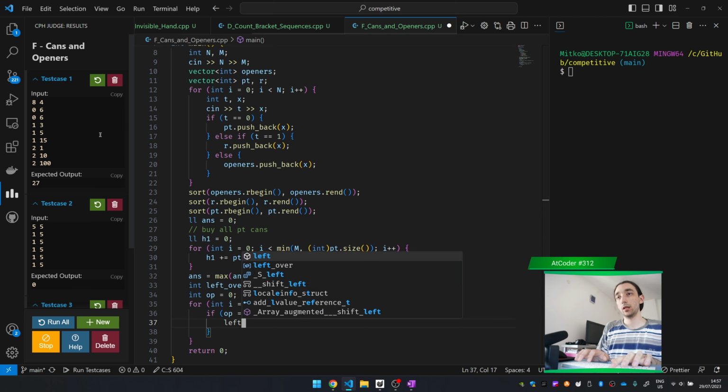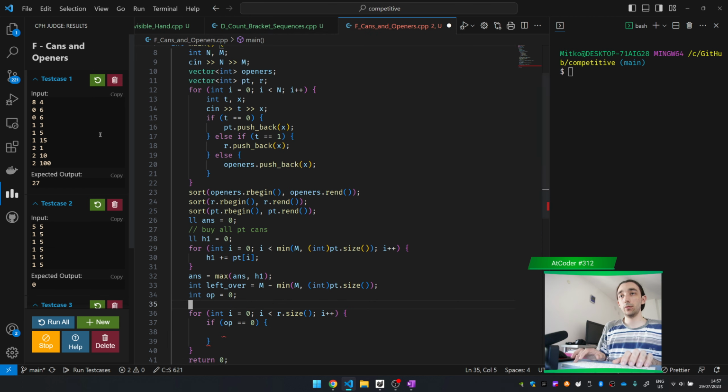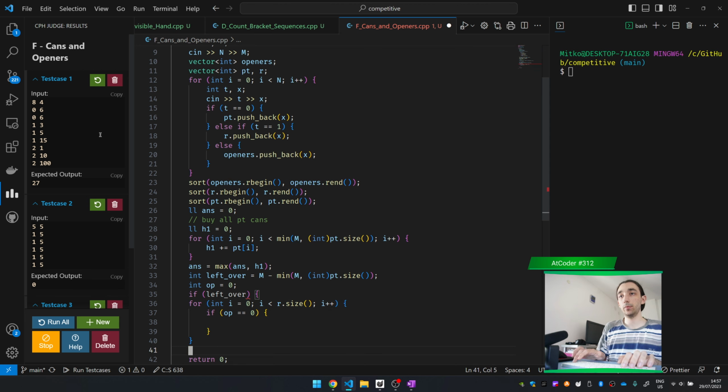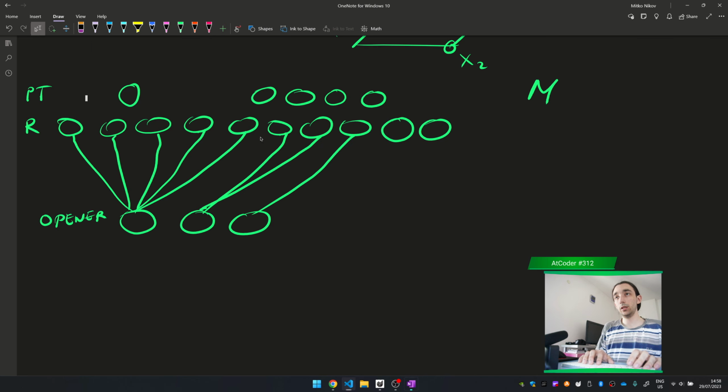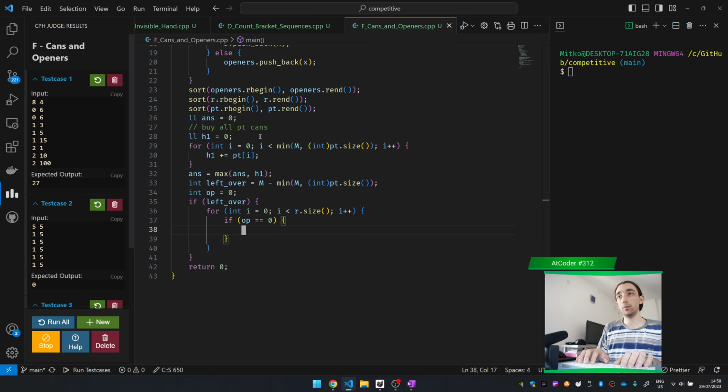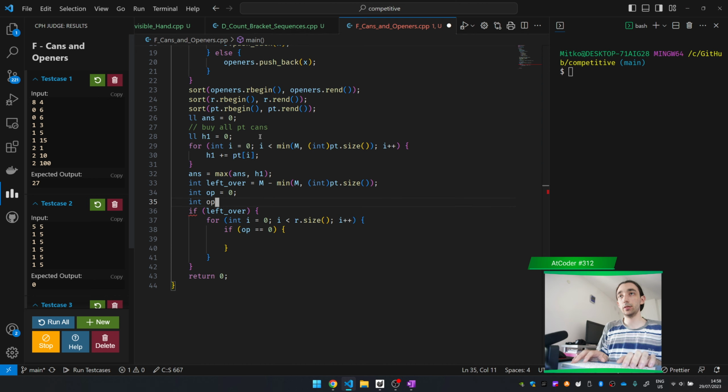So first of all, if leftover is even positive, that's the thing. And I need to buy an opener. So int opener pointer, this is the pointer, and this is left.